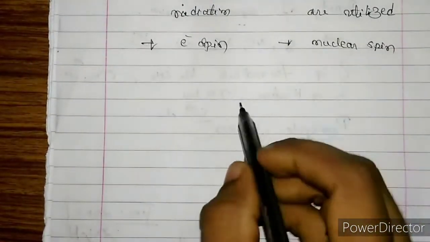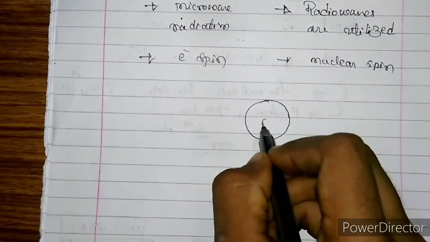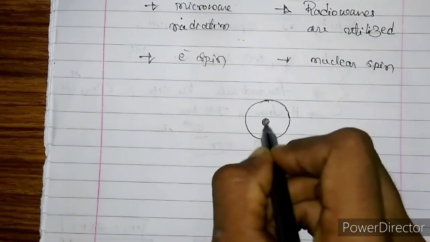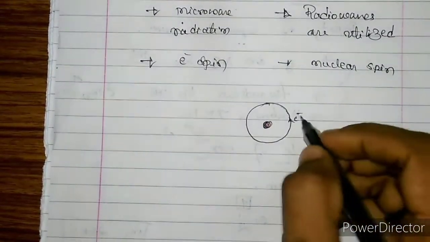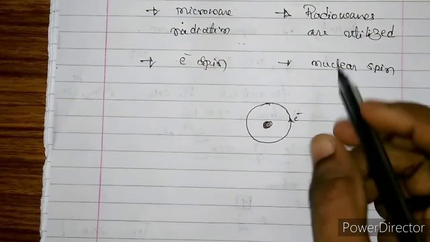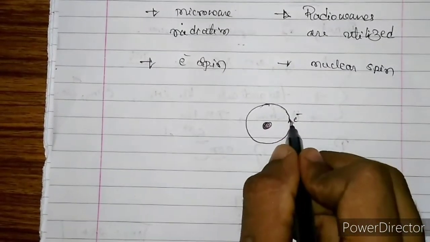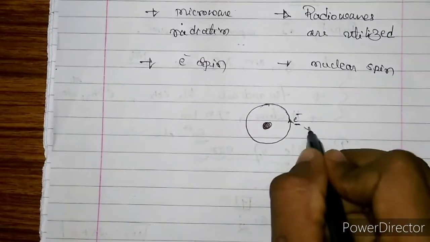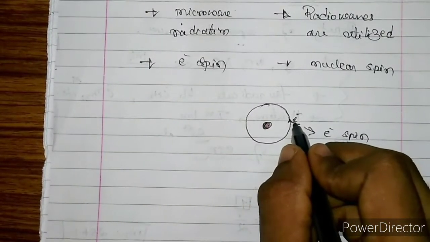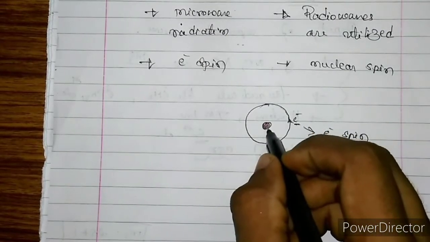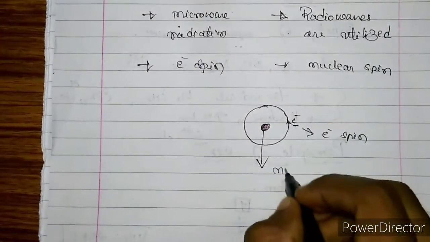That means if you consider an atom, we have a nucleus, correct? This is a nucleus, and there will be an electron. The electron will be revolving around the nucleus as well as it is spinning about its own axis, correct? Now, the spin of the electron is called electron spin, while the nucleus has also got a spin called nuclear spin.